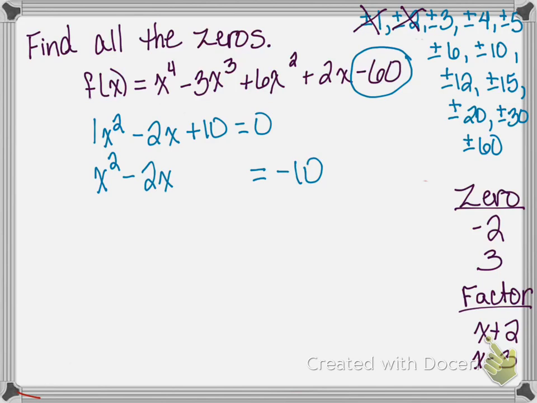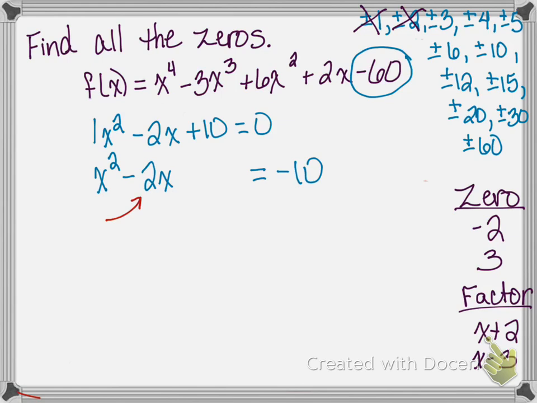Okay, when I'm trying to put it in vertex form, I'm equal to f of x. So I don't get to use both sides of the equation. When I'm solving, I'm able to use both sides of the equation. And that makes it a little bit easier. Okay? So here, my next step, I'm going to take half of negative 2. What is half of negative 2?